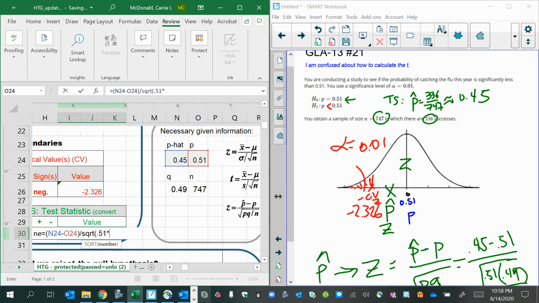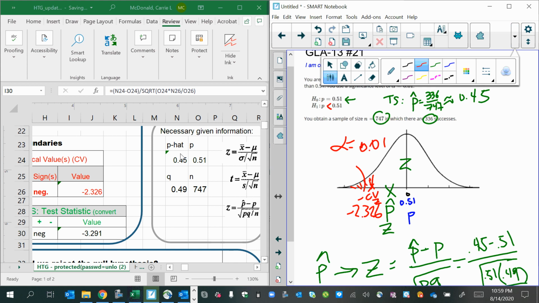And then you can do your square root of p times q. Remember, q is 1 minus p, divided by your sample size. Okay, so there is our test statistic, which is more extreme than the critical value.